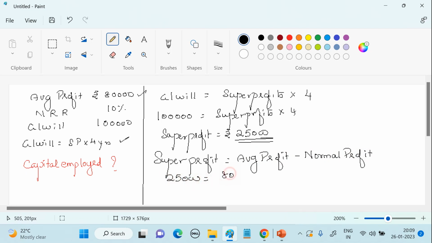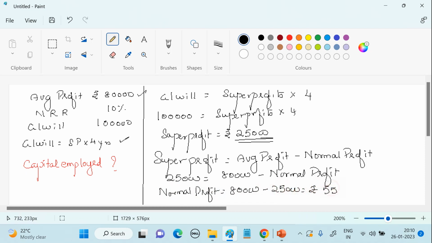Average profit 80,000 minus normal profit. So we will take the normal profit to other side, becomes positive. We bring 25,000 this side, it becomes minus. So normal profit would be 80,000 minus 25,000. That would be 55,000. So we got the normal profit as well.